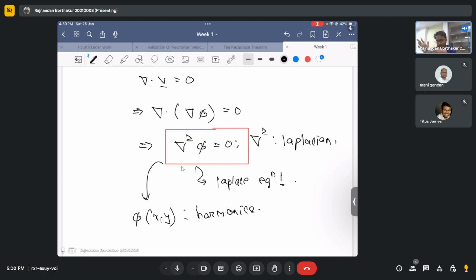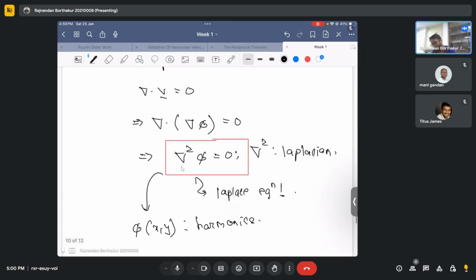For instance, the Laplace equation is kind of an averaging function, which means that the value of phi that I calculate at a point is essentially the average of the values to its right and to its left.